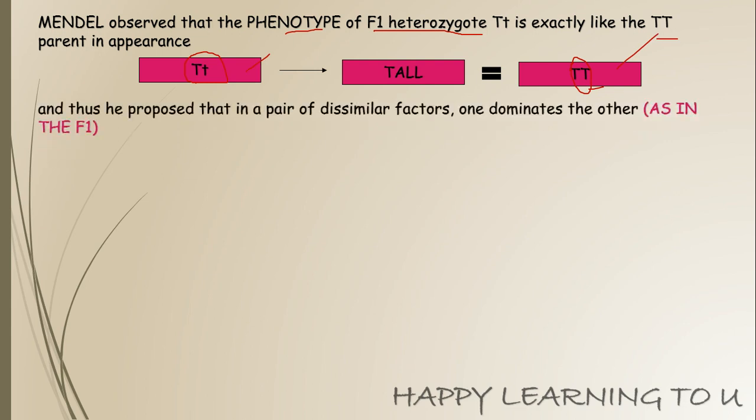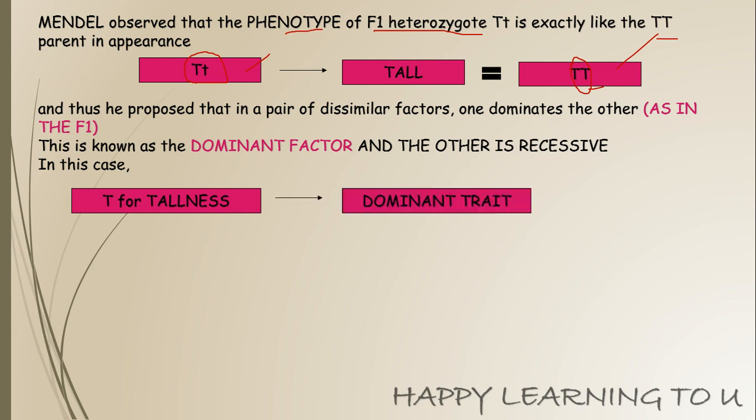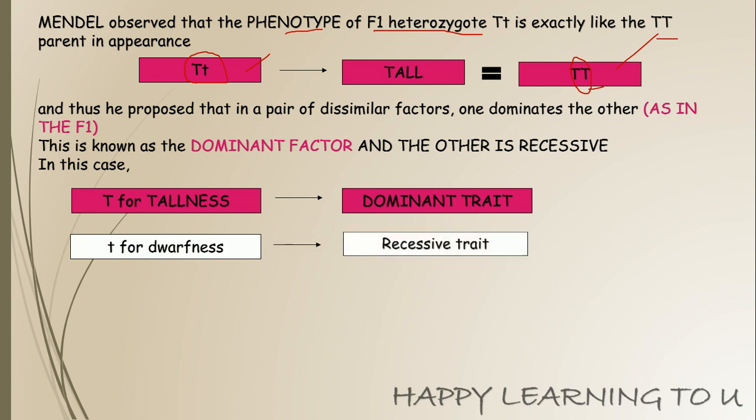He proposed that in a pair of dissimilar factors, one dominates the other. This is known as the dominant factor and the other is the recessive factor. In this case, the T for tallness becomes the dominant factor and small t for dwarfness becomes the recessive factor.